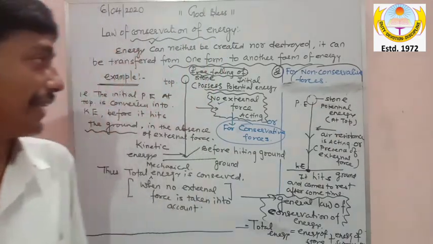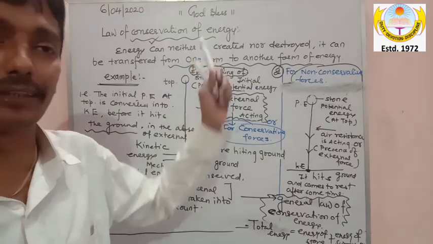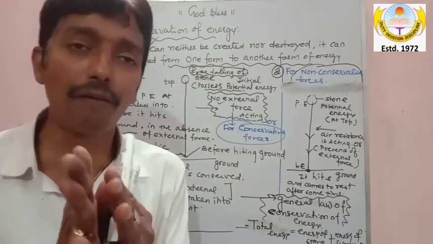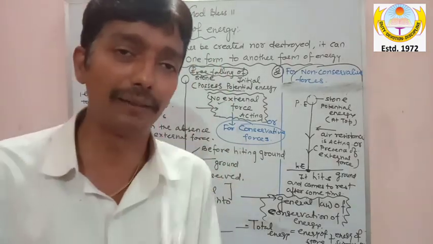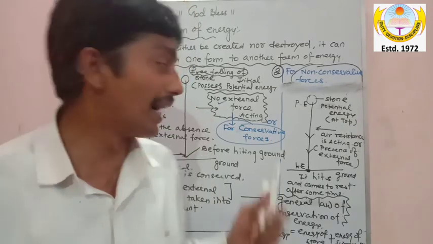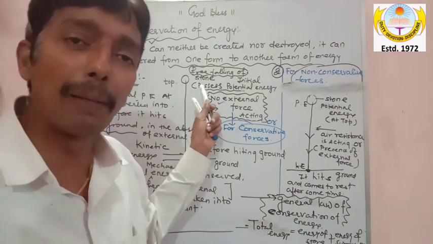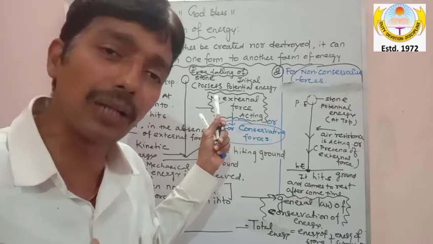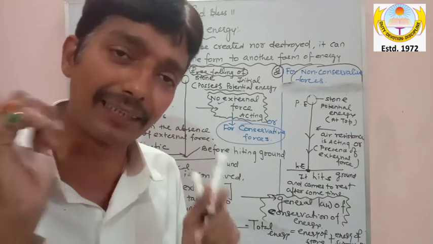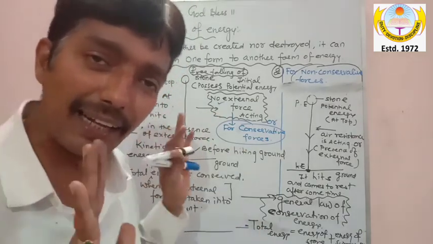So my dear, take care when you talk about law of conservation. In your topic, the law of conservation is done in 2 ways. The one where the force is conservative, जहाँ पे पूरा potential is converted into kinetic, no other forms, and still mechanical energy is conserved, total energy is conserved.